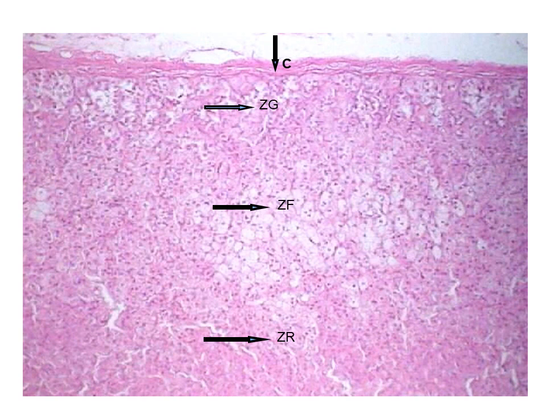This is the high power picture of the zona glomerulosa. You can see the cytoplasm, which is slightly stained. The cells have a lot of smooth endoplasmic reticulum, which is agranular; there are no granules present. Like in the hypophysis, we could see the secretions in the form of vesicles or granules.